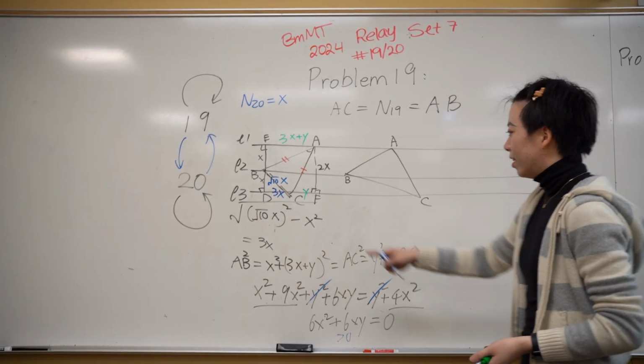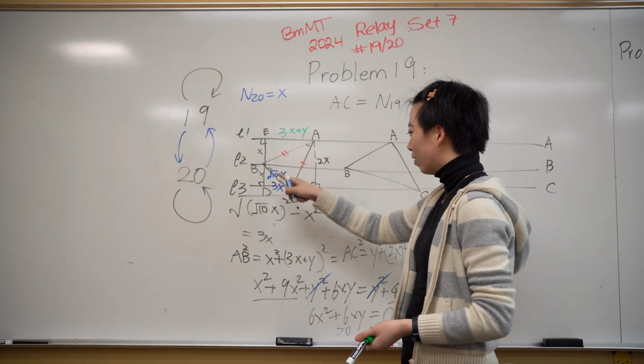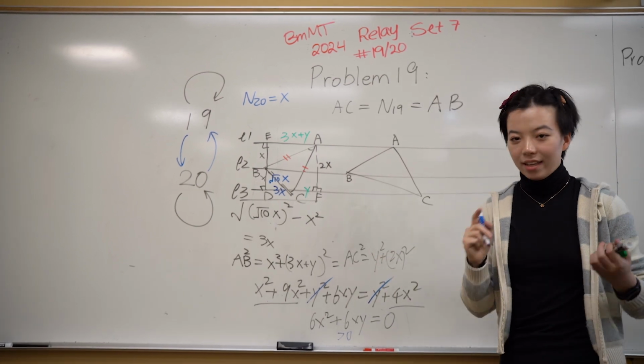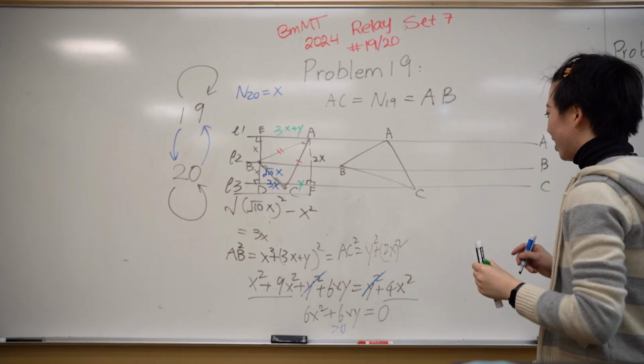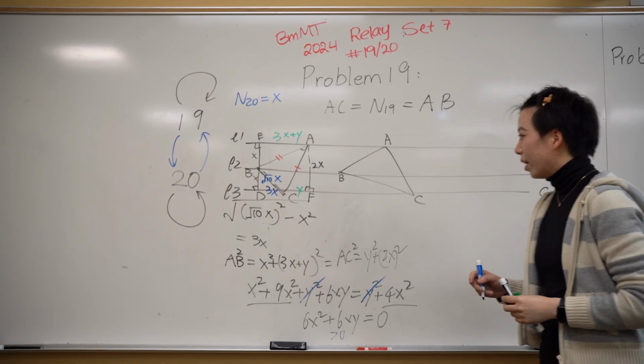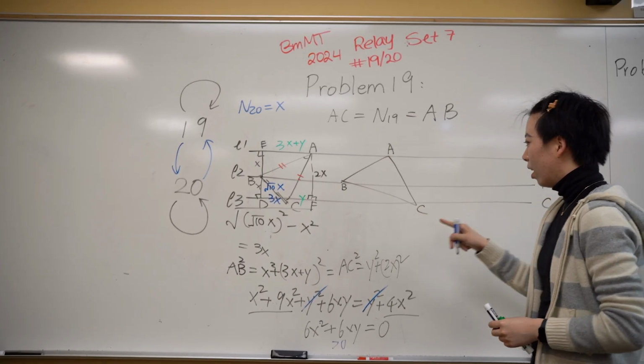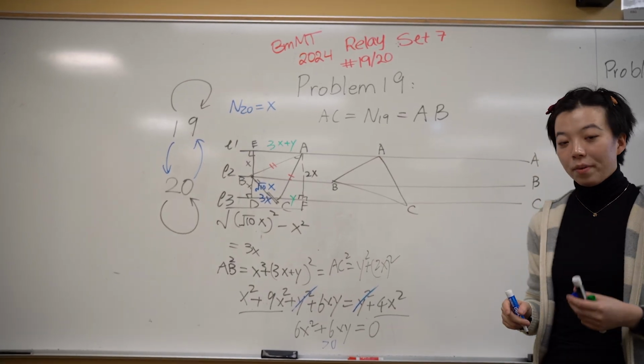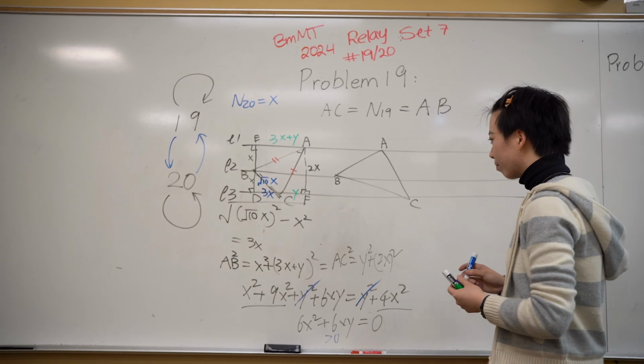So this case of angle BAC as an acute angle is not true. We can look at the other two cases here, where angle BAC is greater than 90 degrees or angle BAC is equal to 90 degrees.